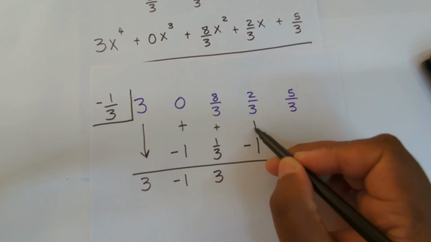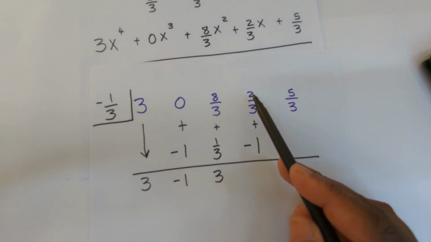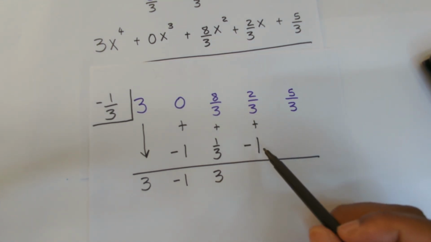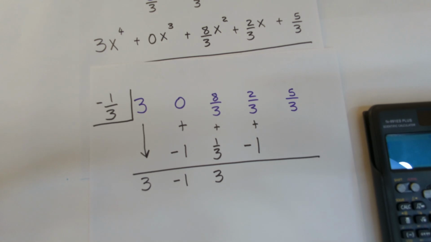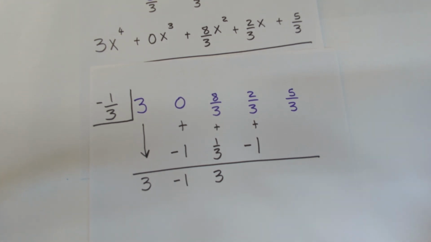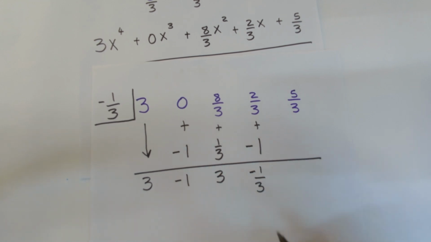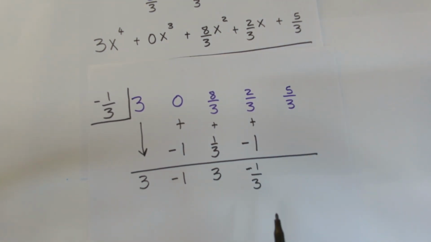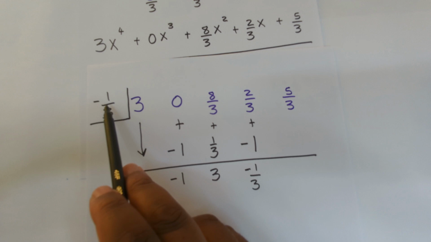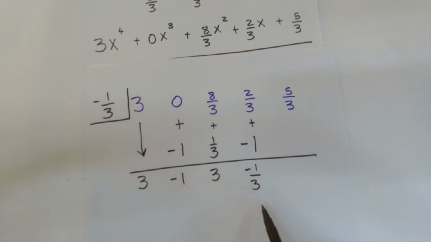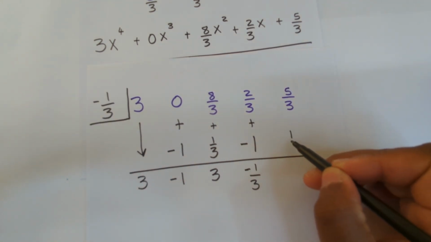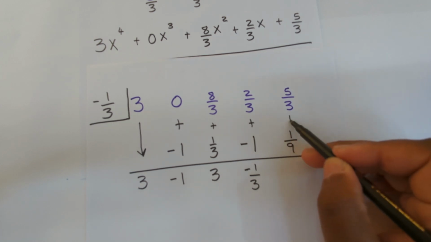Now let's add 2 over 3 plus negative 1. So we have 2 over 3 minus 1. It will give us negative 1 over 3. So we have negative 1 over 3. Now let's multiply negative 1 over 3 multiplied by negative 1 over 3, it will give us a positive 1 over 9.